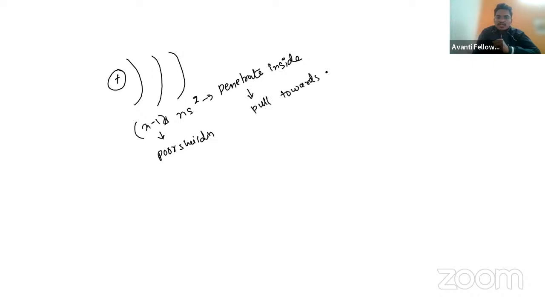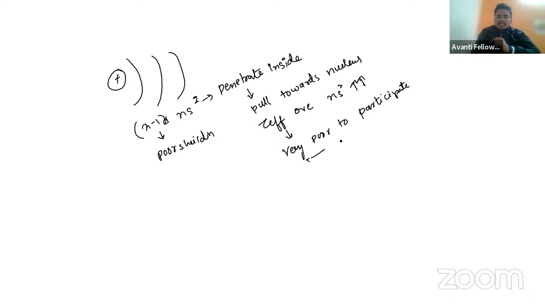Due to this pulling, the Z effective over the ns2 electrons increases, and they are very poor at participating in the reaction. They are unable to come out.